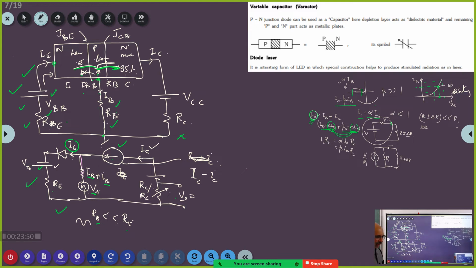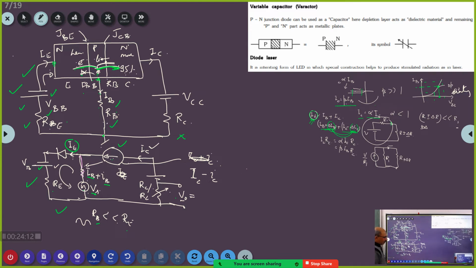Look at what I am saying. I introduced this voltage source. So if I introduce a voltage source in this circuit, this current has to change, and this current is dependent on this current. So if this current varies, this current also should vary.